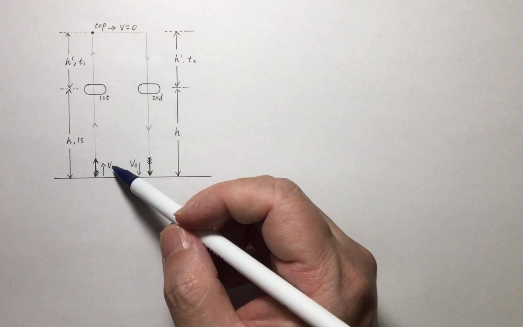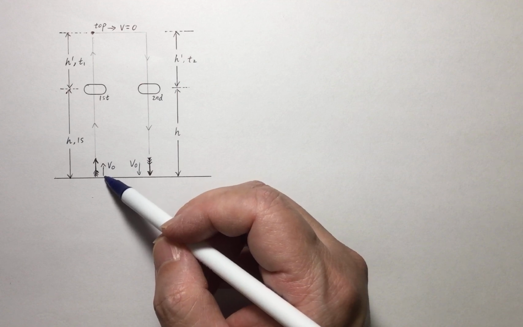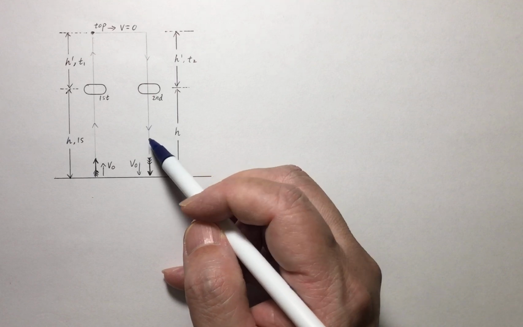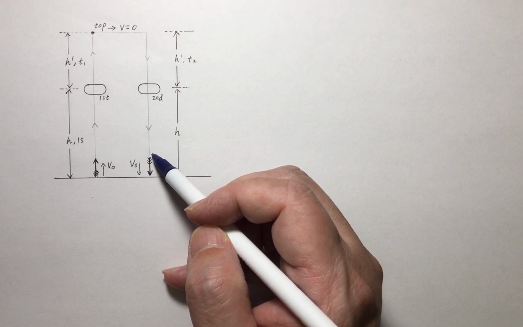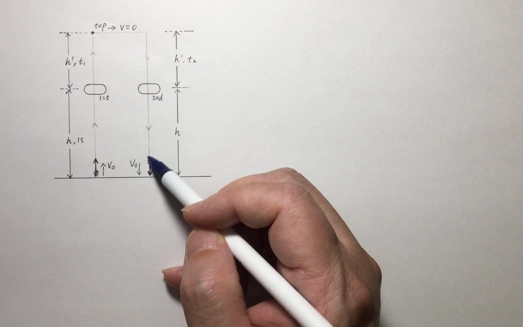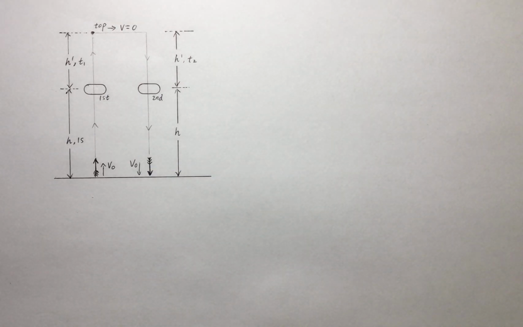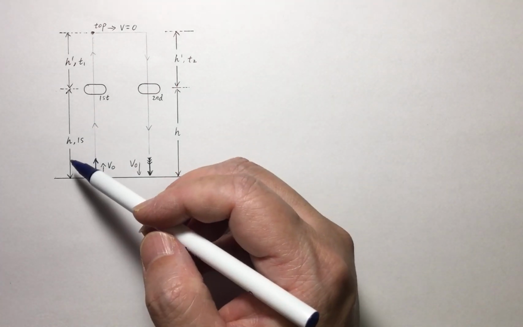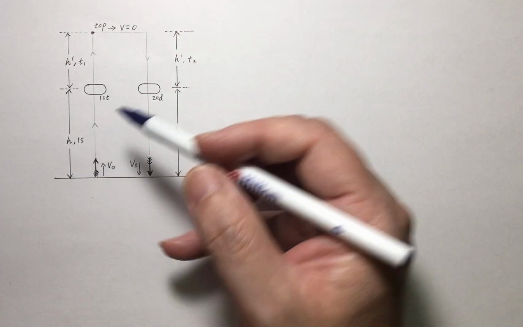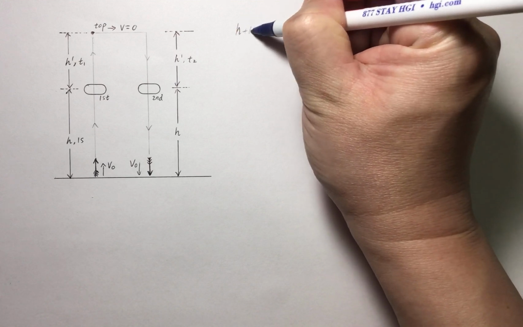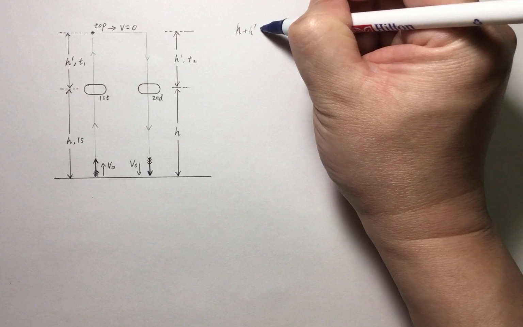And then the arrow is launched at the initial speed of v0. Of course, there's no resistance from the air. So when the arrow falls to the ground, the speed is also v0. So now let's write some equations. The first one is h plus h prime.